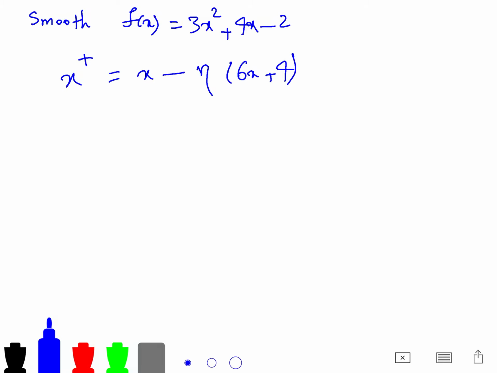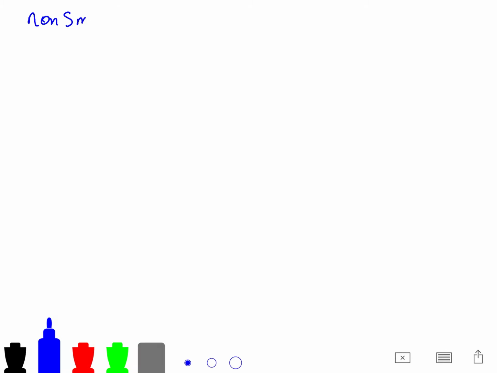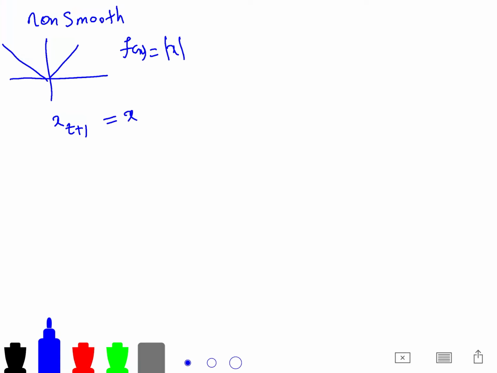For the non-smooth example, I use the popular example of f of x equal to absolute value of x. And again, we can use gradient descent, but we call it subgradient descent, because at point 0 it is not differentiable, it is non-smooth. So xt minus eta g, where g is inside the subdifferential of f.